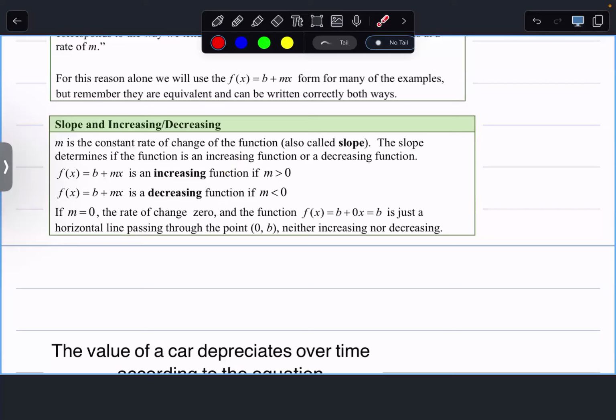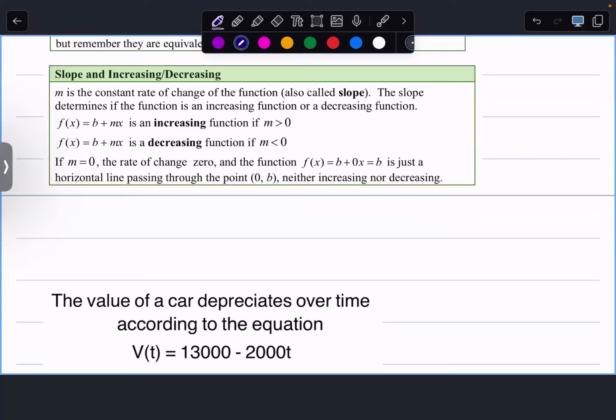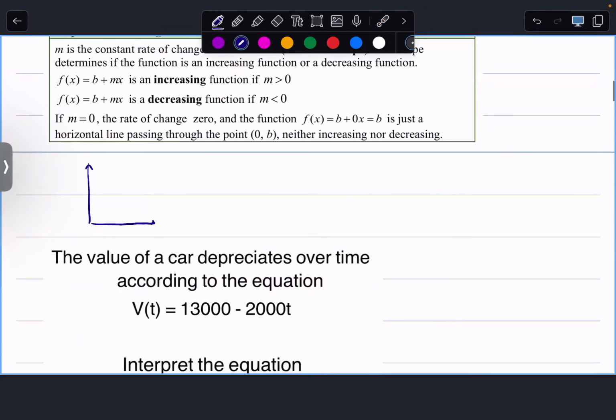And if you found a negative average rate of change, you said it was a decreasing function. So we can just draw these scenarios here. X and Y. If it's increasing, let's see here, I'll put it.